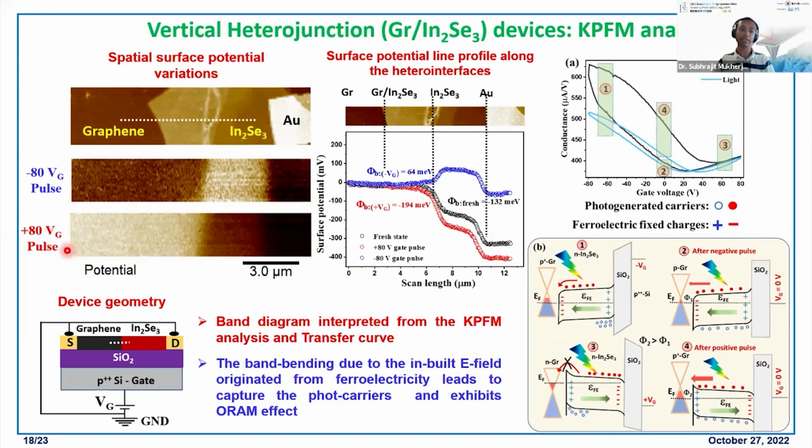We just use the pulses to rotate the ferroelectric dipole. For the positive case, we saw the indium selenide part is lower than the graphene part, that means the band is placed at the higher side. And for the negative case, it is opposite. From here, we plot and find that the barrier between the indium selenide and graphene is reversing due to the polarity. And in a similar way, you can replicate the band diagram.